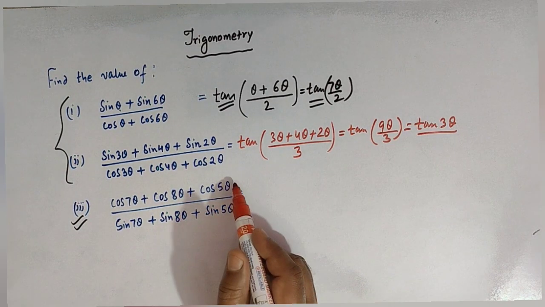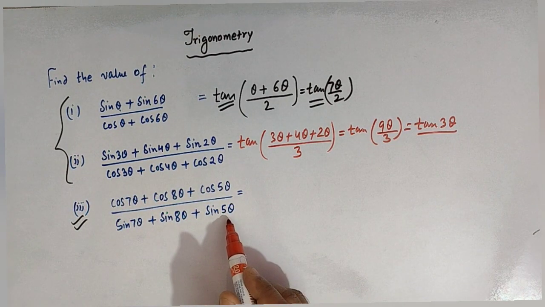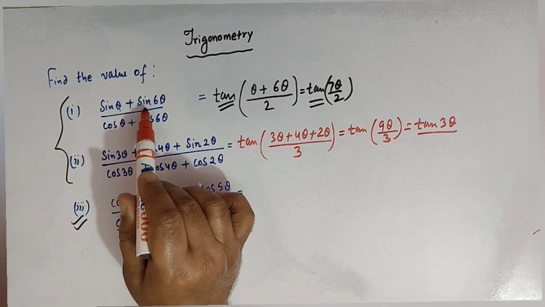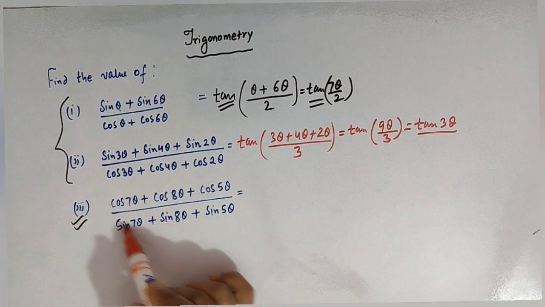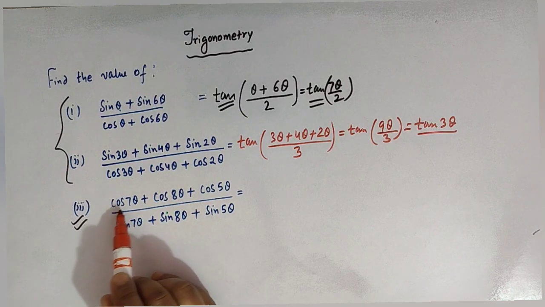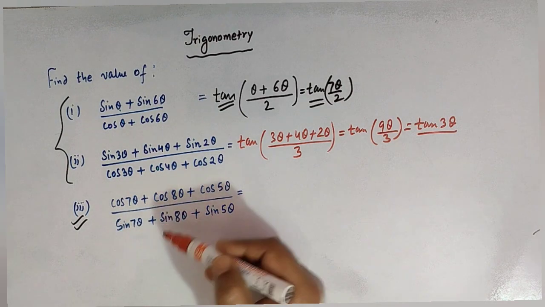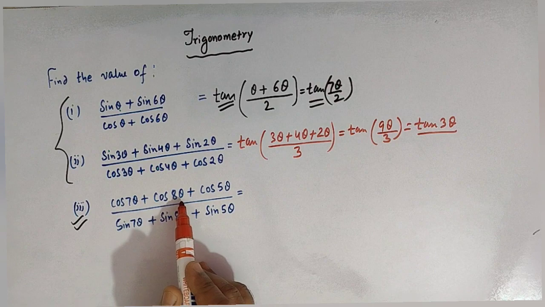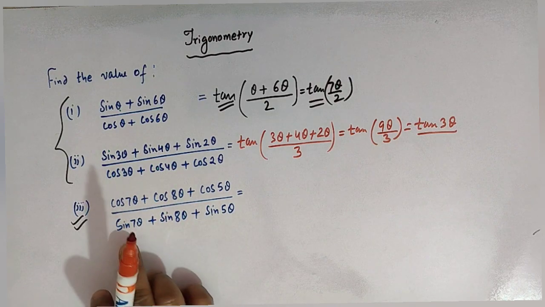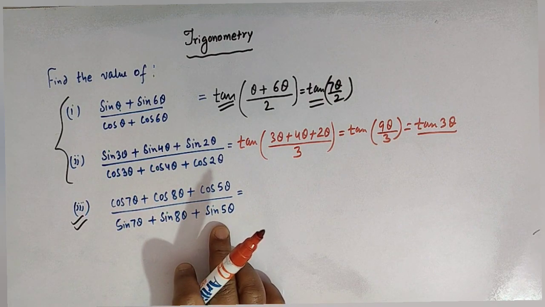Now let us consider this important expression, right? The difference between the first two expressions and this expression is that in this case the cosine terms appear in the numerator and the sine function appears in the denominator, right?